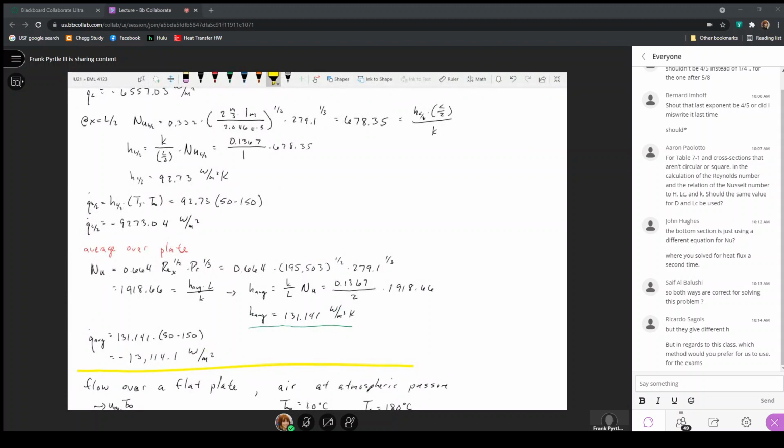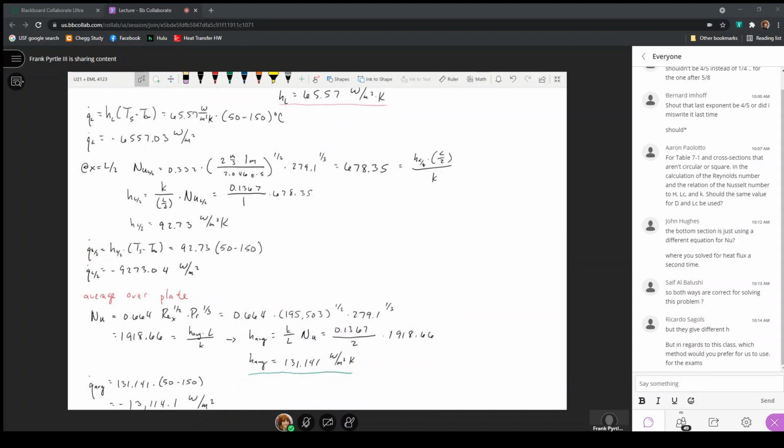It's just the construction of the expression used to calculate that Nusselt number that is different according to the flow geometry associated with that particular condition. If it's flow over a flat plate, laminar or turbulent, you get a different expression for the Nusselt number. If it's flow over a cylinder or a sphere, you get a different expression.